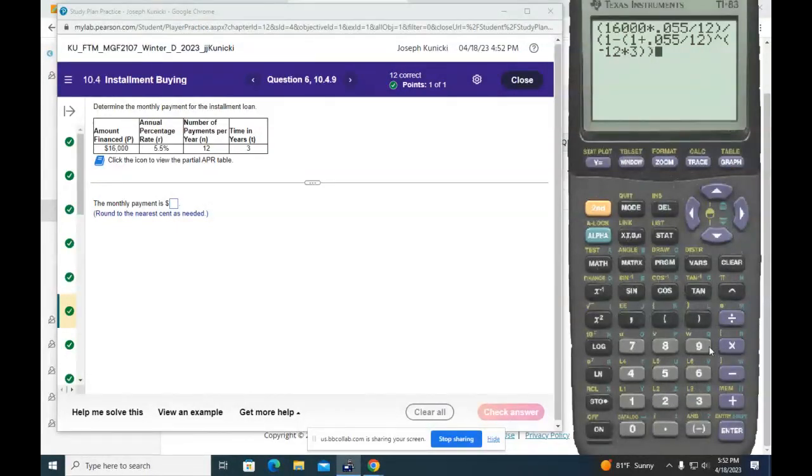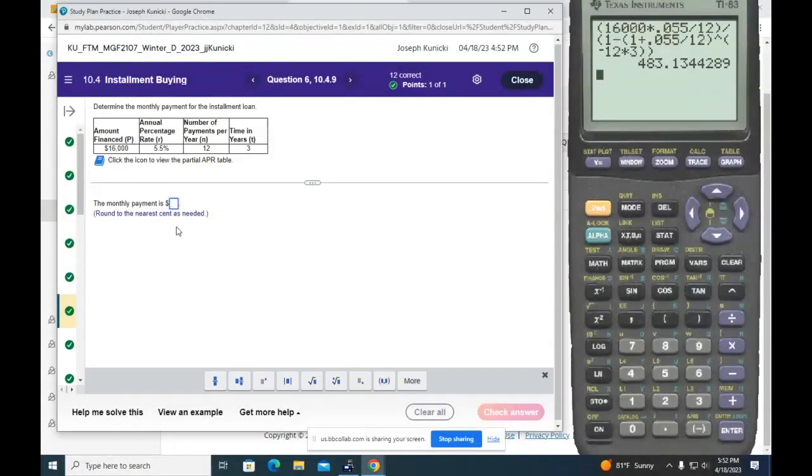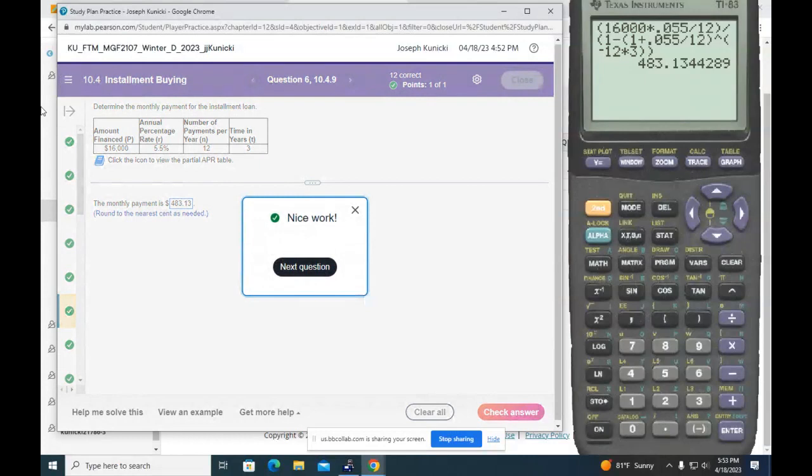So it's negative 36. And so the monthly payment will be $483.13. Let's see if they accept that answer. $483.13. Yes, they accept it.